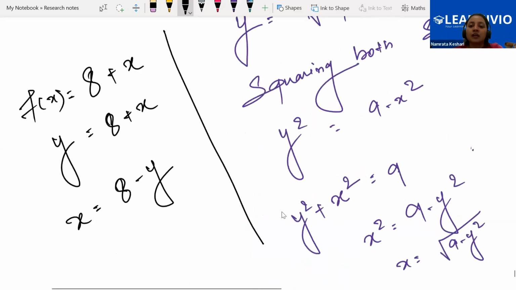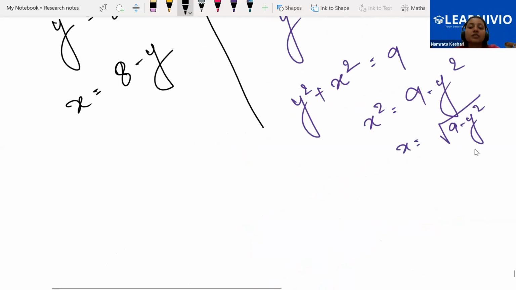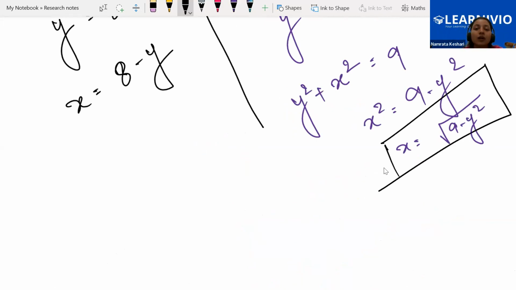Okay. So this is what we got. Now we will try thinking what can be the possible value of y. It looks like the initial one. Now again we will start thinking about the domain. The way we have thought about the domain initially, we will think about that, what will be the possible value of this one.